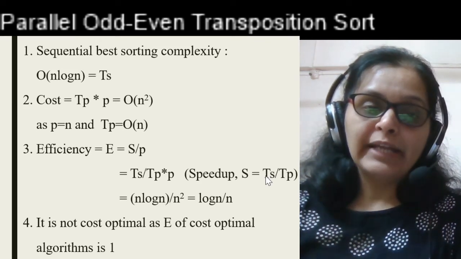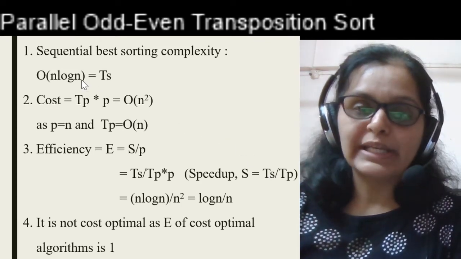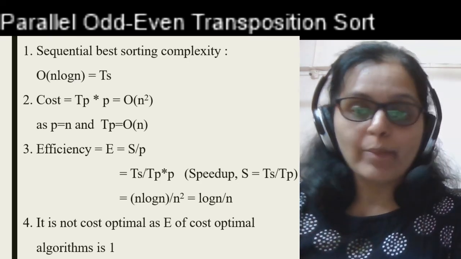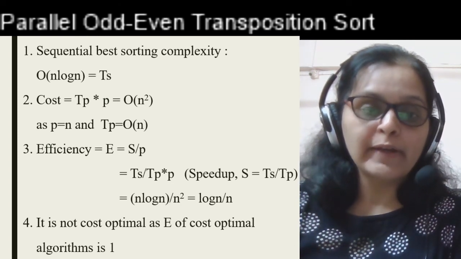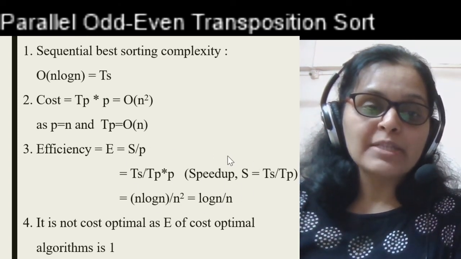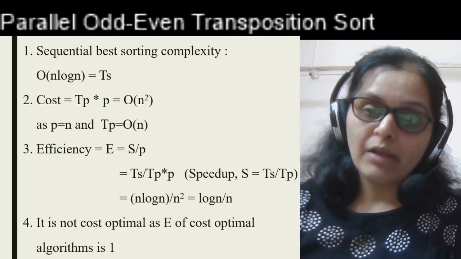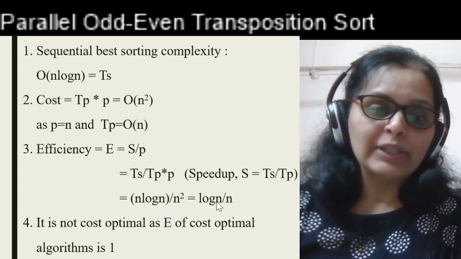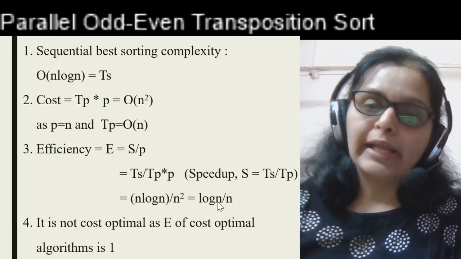And here for TS, you are substituting the best sequential complexity, that is n log n of quicksort, not of serial bubble sort, that is n square. You are not substituting that here. So after substituting, do the calculations, and I am getting the efficiency of this parallel odd even transposition sort as log n by n.